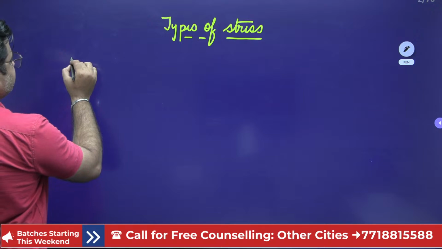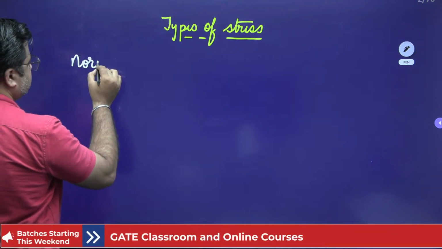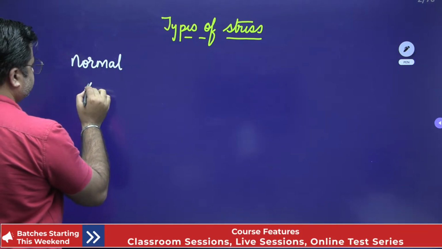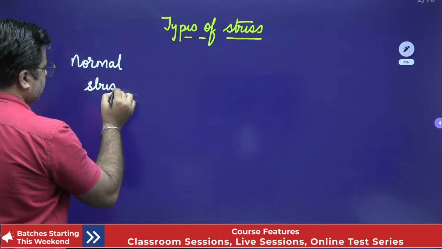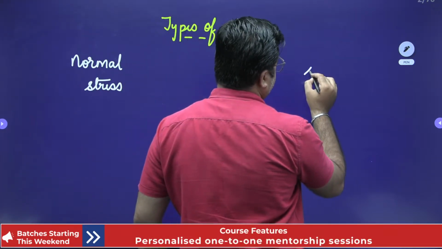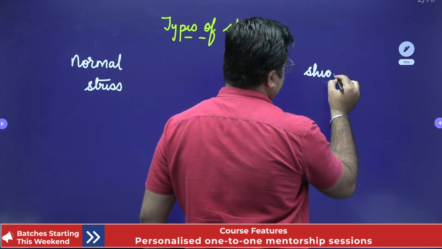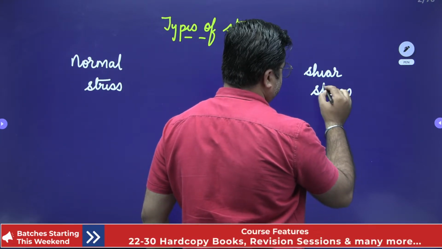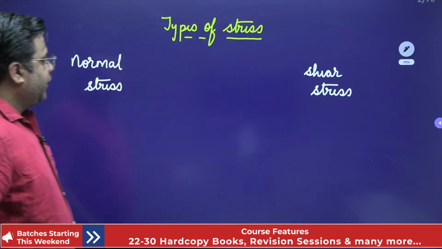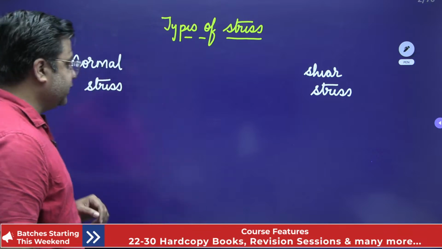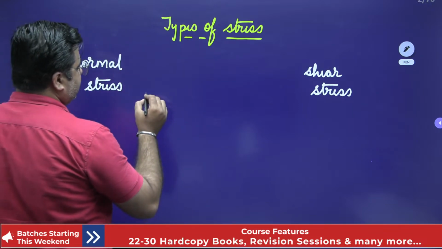First one is the normal stress, and second one is the shear stress. Okay. If the stress is acting perpendicular to the cross section, then that stress is known as normal stress.